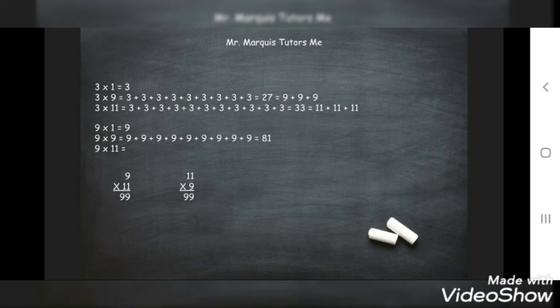Even if it were upside down, you'll take that 1 times the 9 and then the 10 times the 9. Same thing. You can only see a 1 and a 1, but you know that this is 11, right? So 11 times 9 is 99.